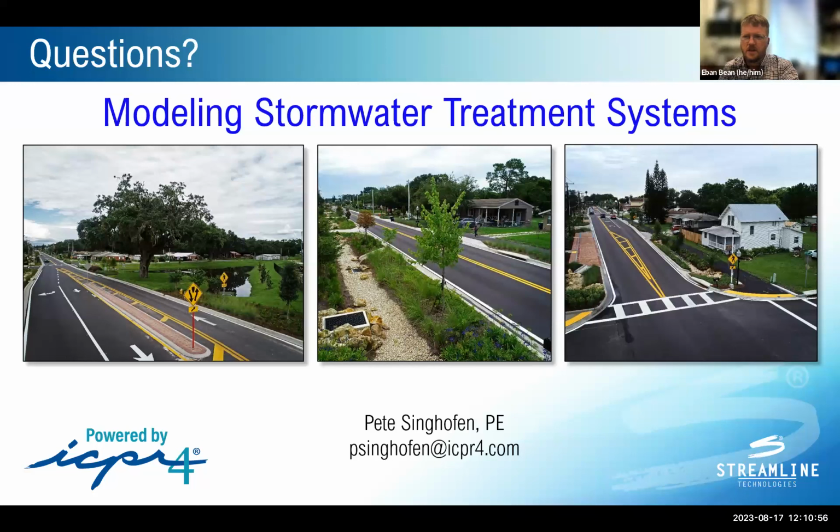Yeah, I would just add, to your point about maintenance, that goes for all types of GSI or BMPs, that there's an assumption built in that any sediment will be removed on a regular basis. And with permeable pavements, as they accumulate sediment, the infiltration rate will decline over time, but it starts out really high. So even if there's a little bit of accumulation of sediment on the surface, they can still function pretty well.